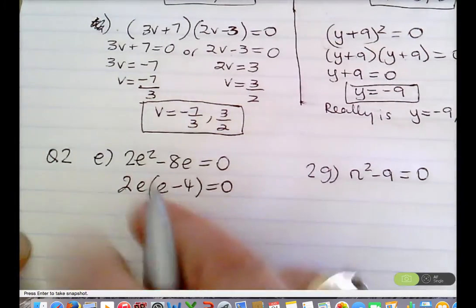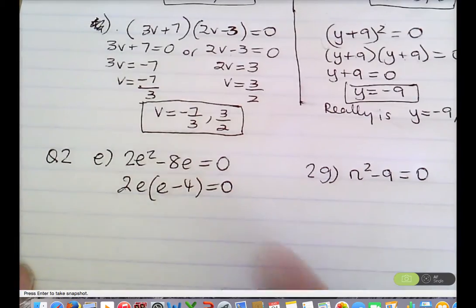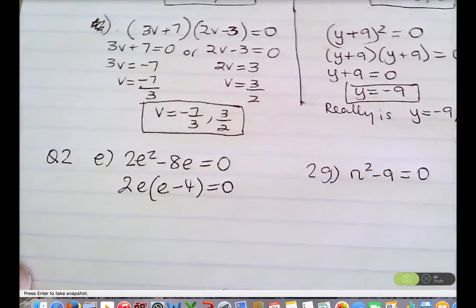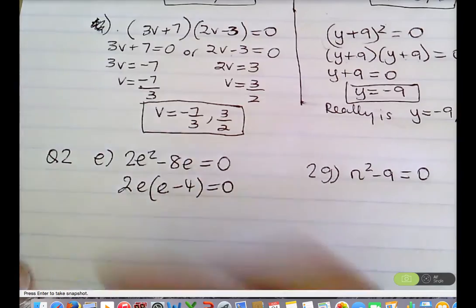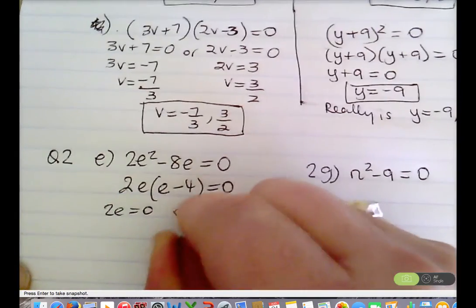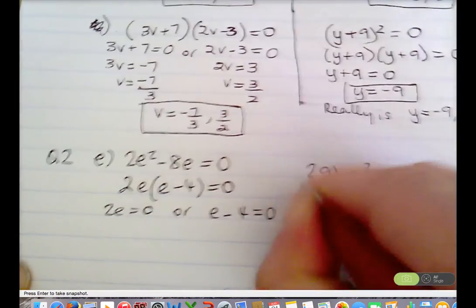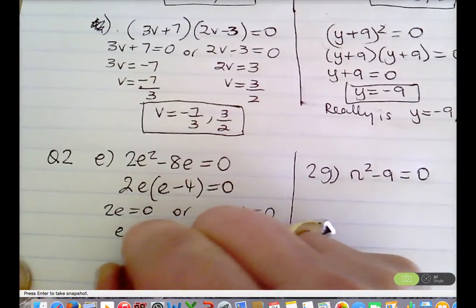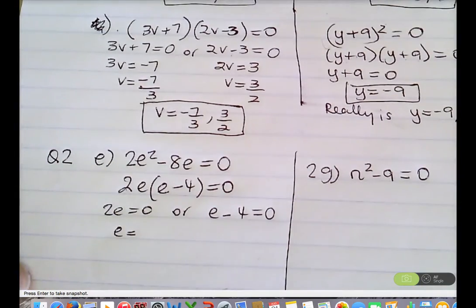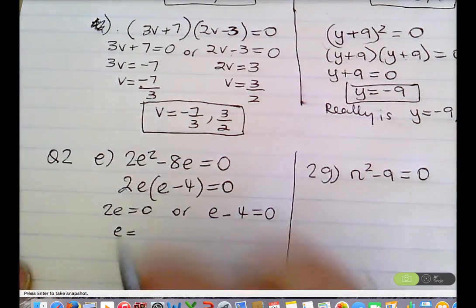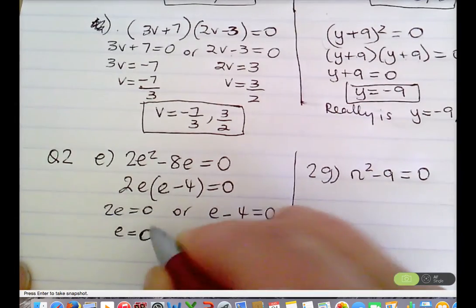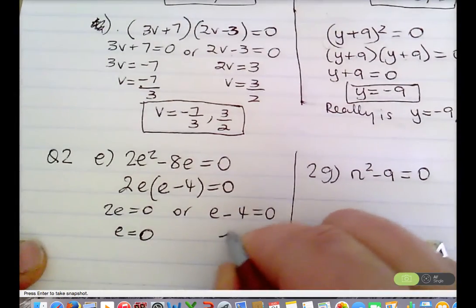So girls, this now becomes like question 1. What do I do? Girls, be careful. 2e is 0, or e minus 4 equals 0. So therefore, e is 0 over 2. Girls, e's got to be 0. It's 0 divided by 2, which is 0. 2 times what is 0? 2 times 0 is 0.